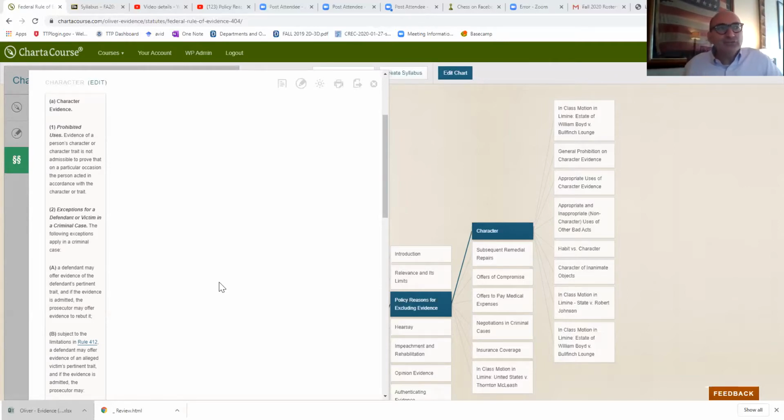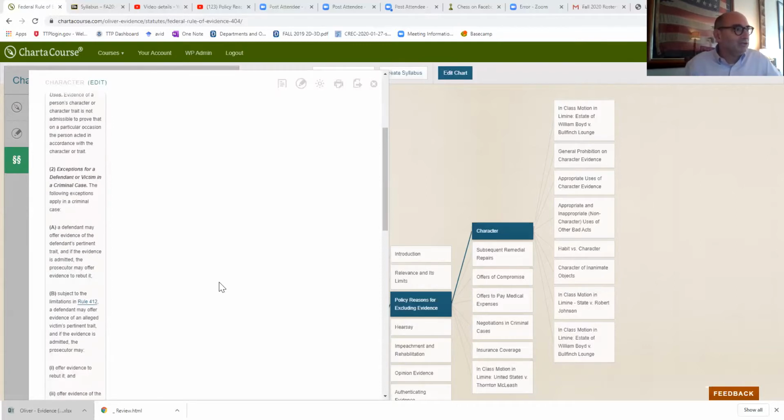This one, not so problematic. When character is really the only way we can resolve something, the rules say in 404(a)(2), it's okay to use character if character is at issue. When is that the case?